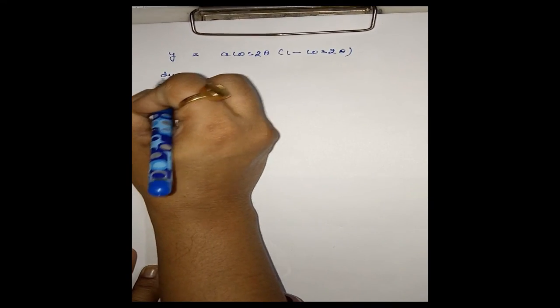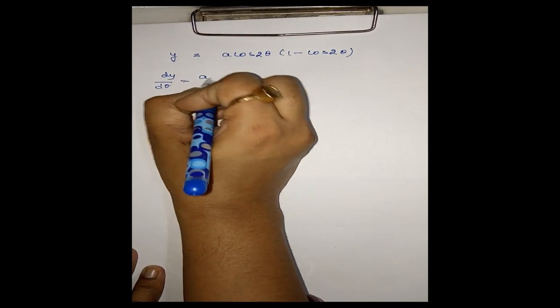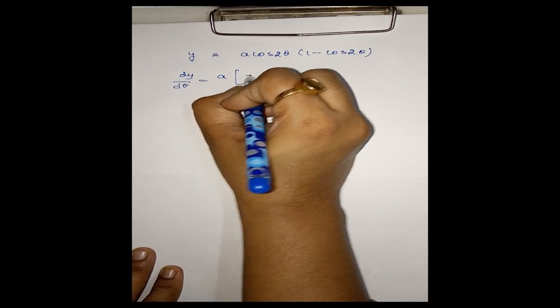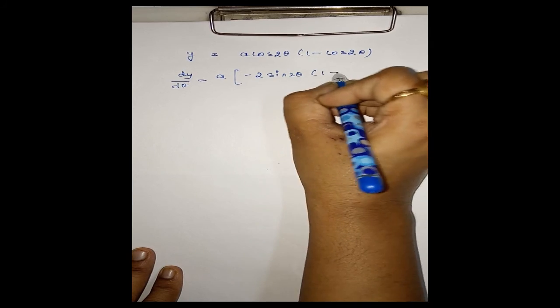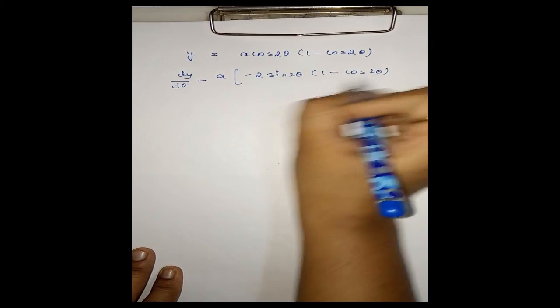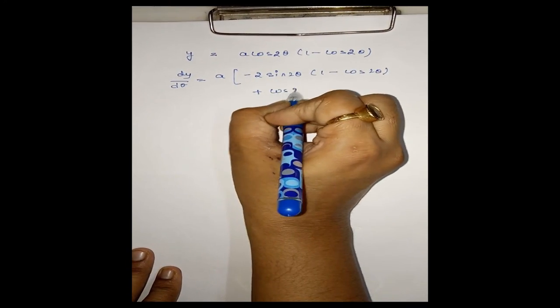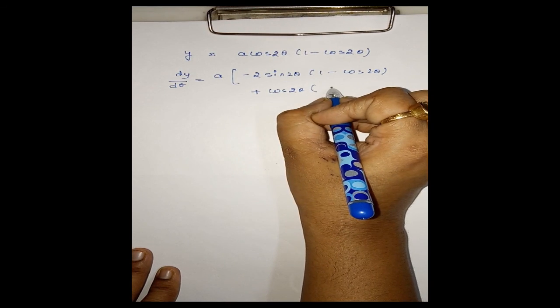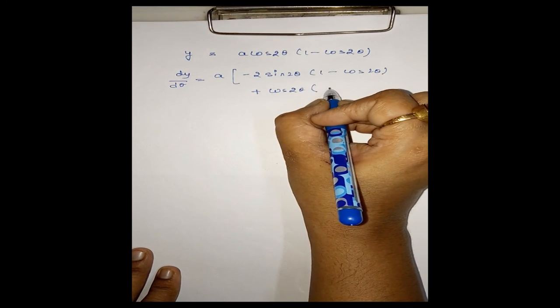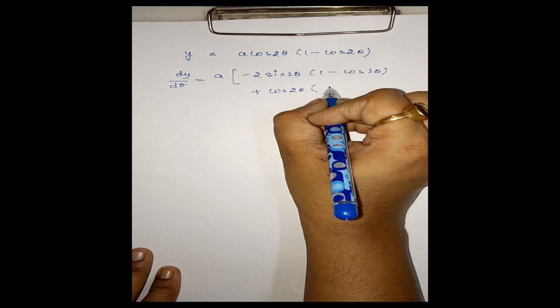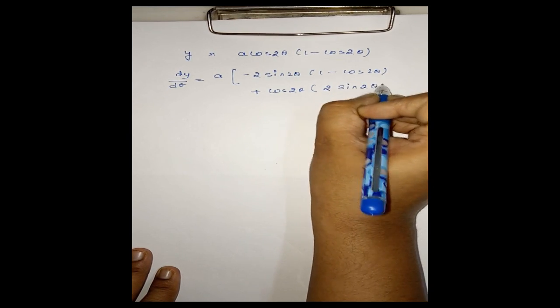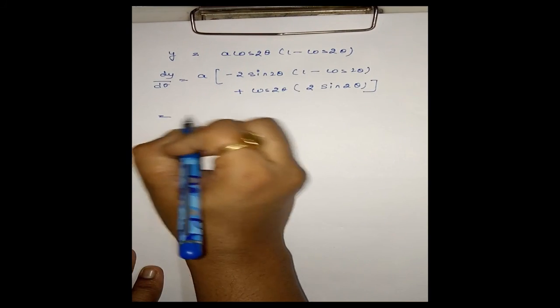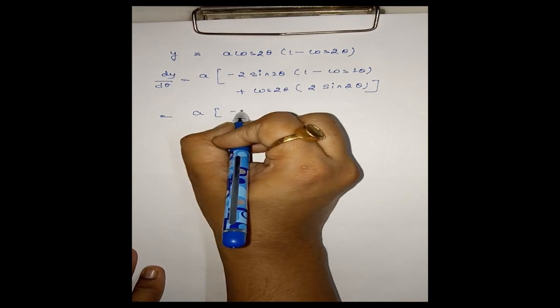Dy by d theta is, taking a outside, minus 2 sin 2 theta into (1 minus cos 2 theta) plus cos 2 theta into 2 sin 2 theta; the minus terms cancel out.